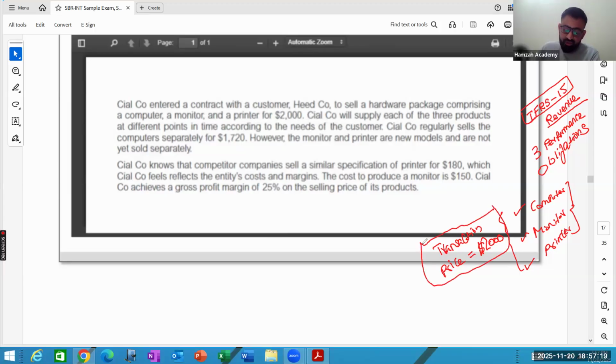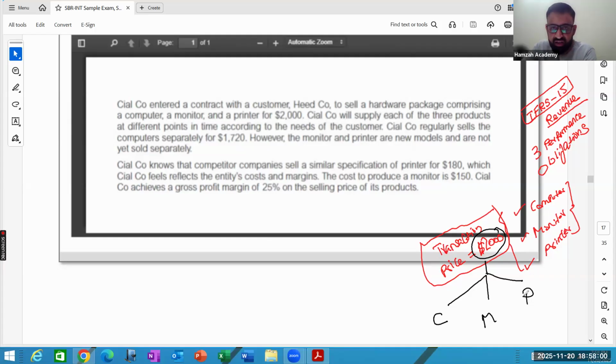C company agreed to provide all these three items for $2,000. It is the transaction price. Now, dear student, the challenge is that this transaction price of $2,000 needs to be allocated among the computer, monitor, and printer. If you remember, in step 4 in IFRS 15, we need to allocate the transaction price among the different performance obligations.